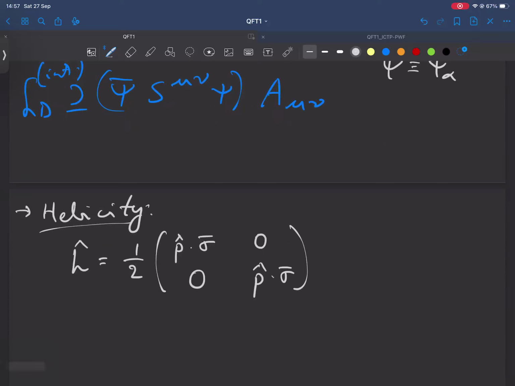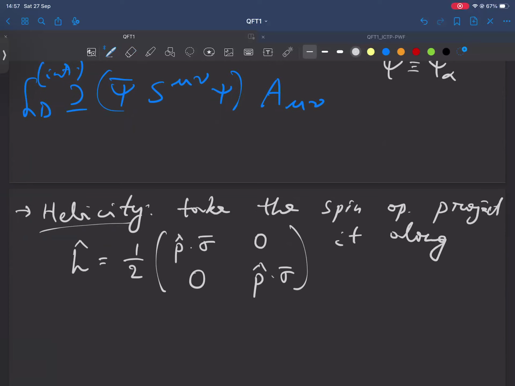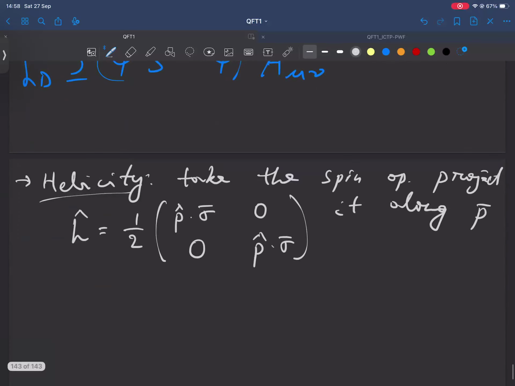So essentially, the definition of helicity is when you take the spin operator, which is the sigma here, and project it along momentum. Okay. So when you do that, what you get is helicity, and the proper definition is this matrix. So P is the momentum, sigma is the spin operator. Computing the dot product essentially gives you the projection of the spin along the momentum.